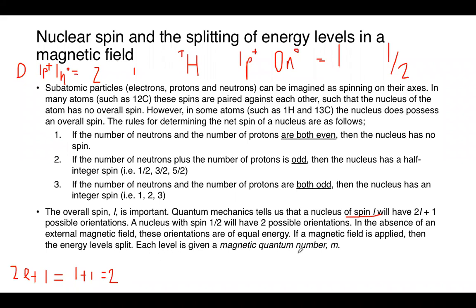Each level is given a magnetic quantum number, m. You came across these before in terms of looking at the electron filling of your orbitals.